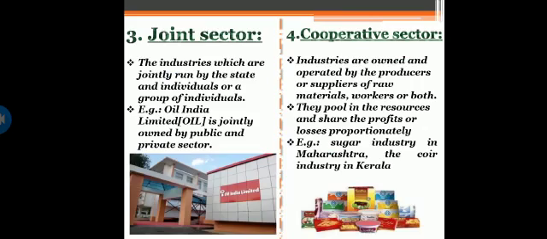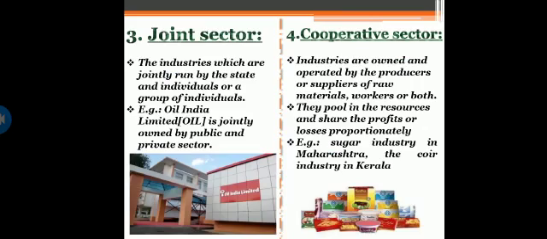Continuation of the previous slide: joint sector. These are industries which are jointly run by the state and individuals or a group of individuals. For example, Oil India Limited, which is jointly owned by the public and private sector. Cooperative sector: industries owned and operated by the producers or suppliers of raw materials, workers, or both.